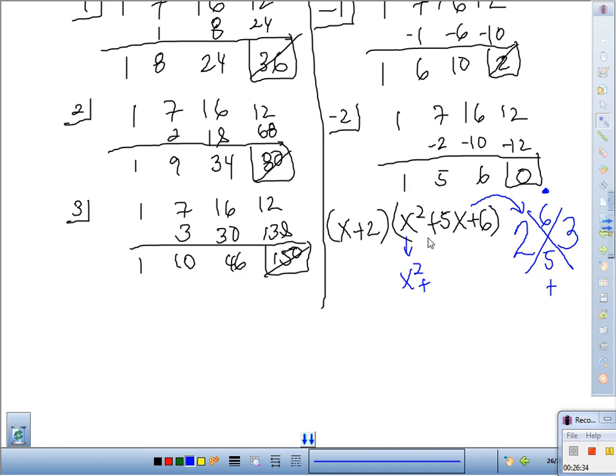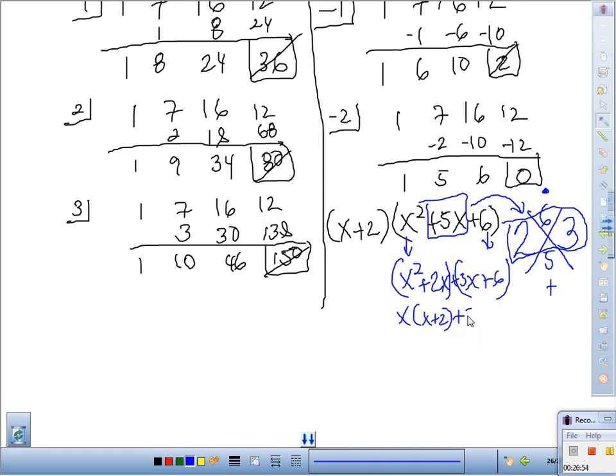Instead of 5x, I'm going to use these two, 2x plus 3x. Bring down the last term. Oh my goodness, why? Grouping, they bug, don't they? x plus 2. GCF here is 3. We're left with x plus 2. So my factors are x plus 2, x plus 3, and x plus 2, and all that equals g of x.